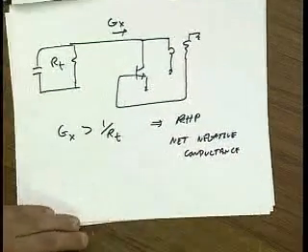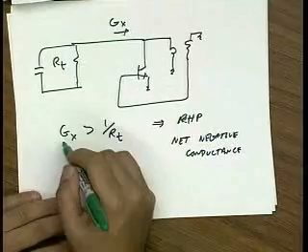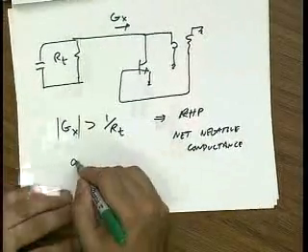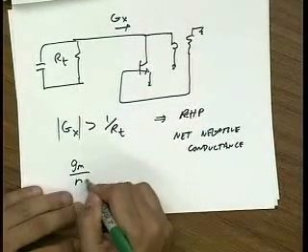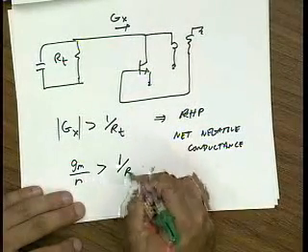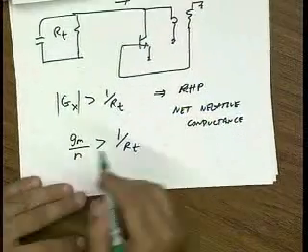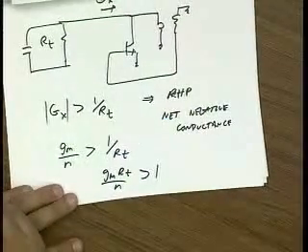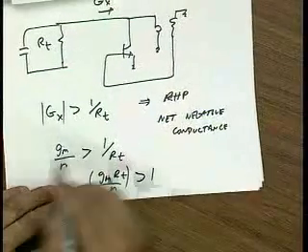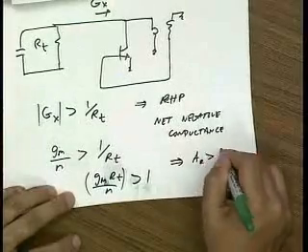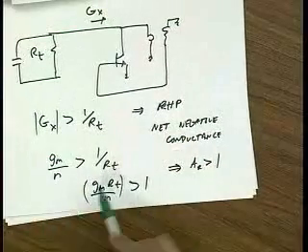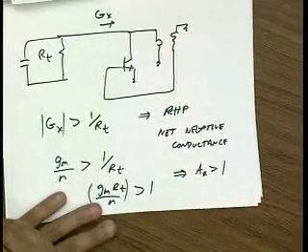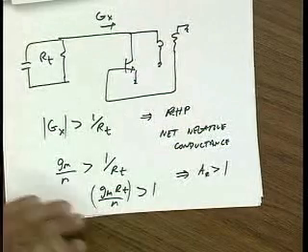Okay? Well, that means that, so let me take absolute value, because I know that this is going to be negative. I just found that Gx is Gm over n, and that should be greater than 1 over RT. In other words, Gm RT over n should be bigger than 1. And remember, this is just the loop gain. So this feedback perspective is really, in this case, equivalent to this negative resistance perspective. Okay? All right, we'll pick this up next Tuesday.